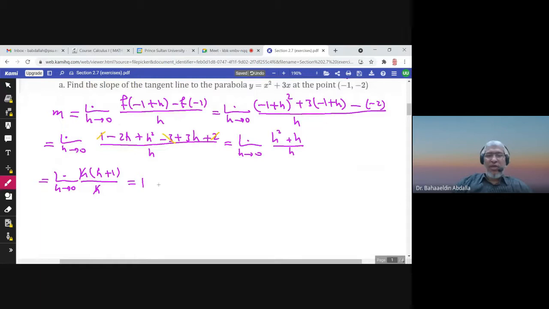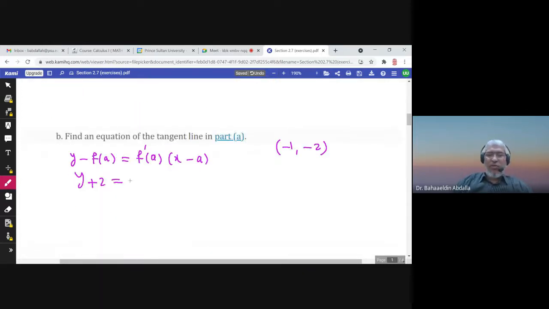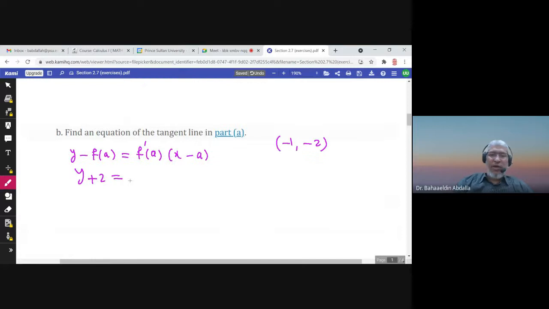This is in fact f prime of minus 1, the slope at minus 1. So it is 1 times x minus minus 1, plus 1. I can solve it for y. So it's x plus 1 minus 2 minus 1. So this is the equation of the tangent line.